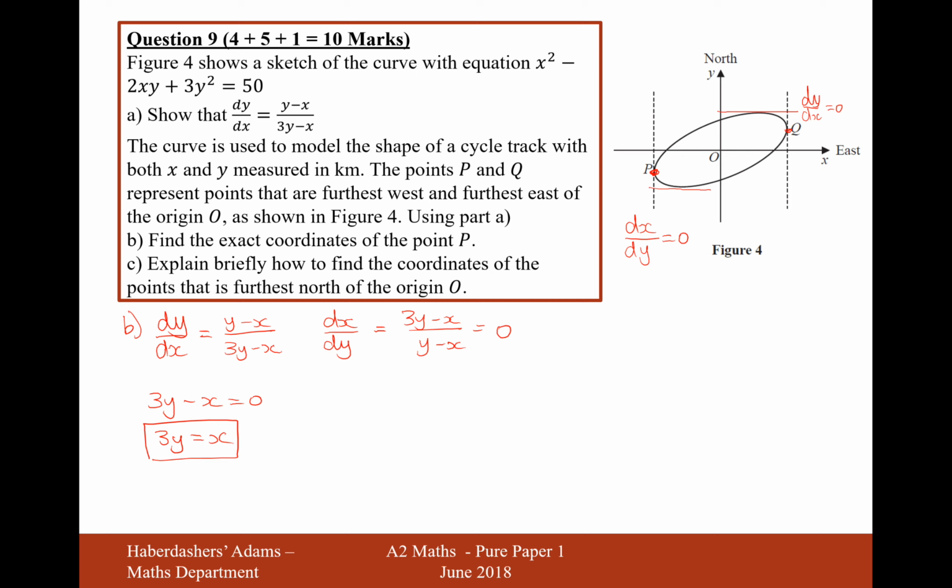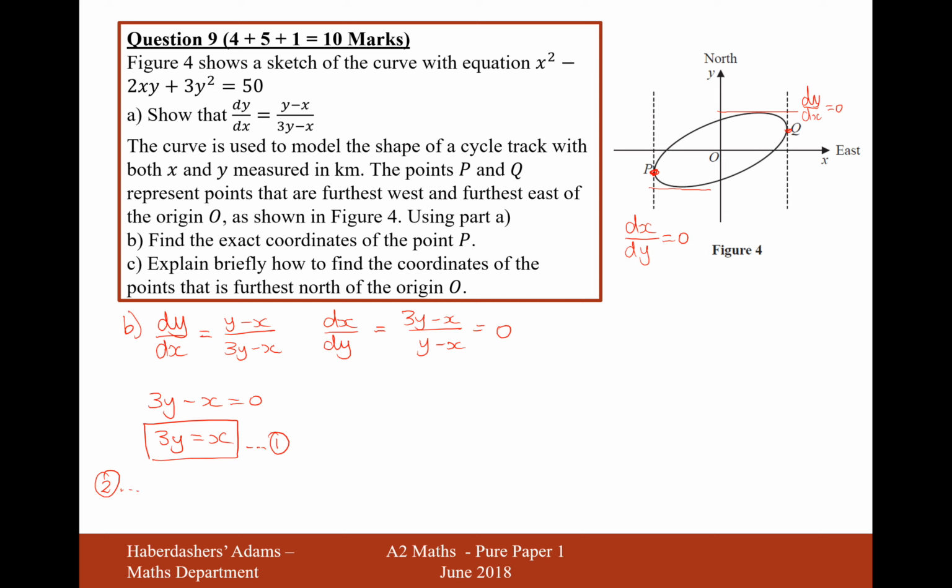Now that's not really telling me much about the coordinates. I know that if I take the y coordinate and triple it, I get the x coordinate, but what can I now do with this? Well, I can use this as one part of a simultaneous equation with the original equation of the curve.